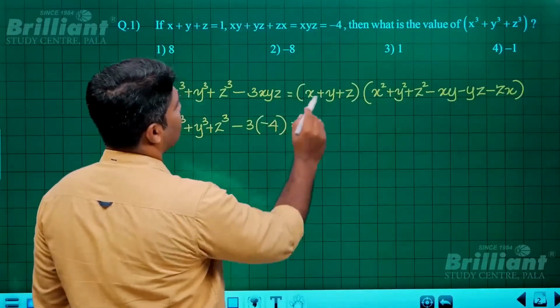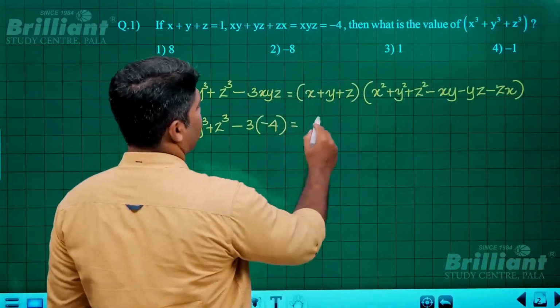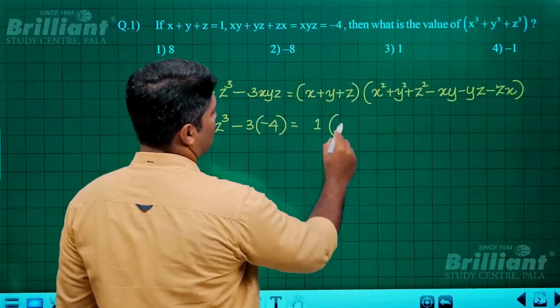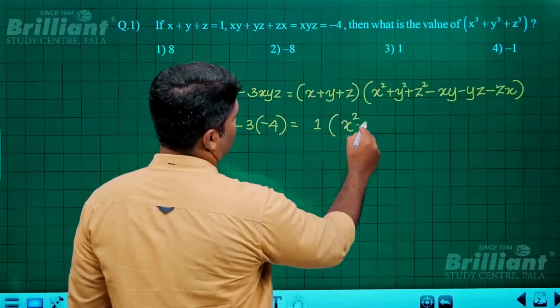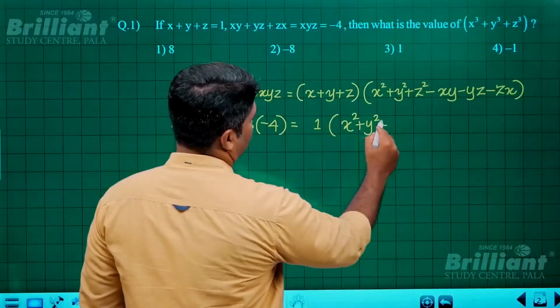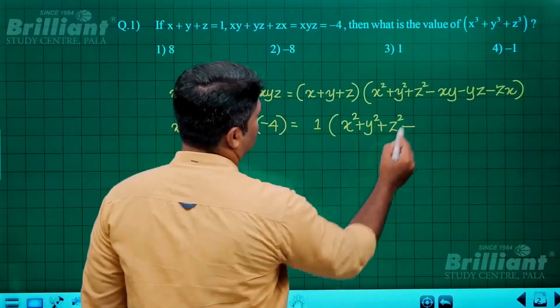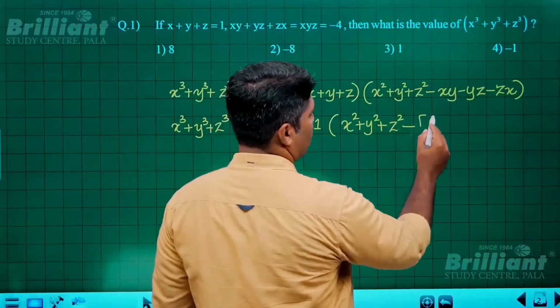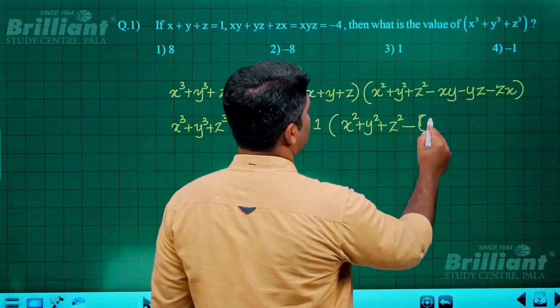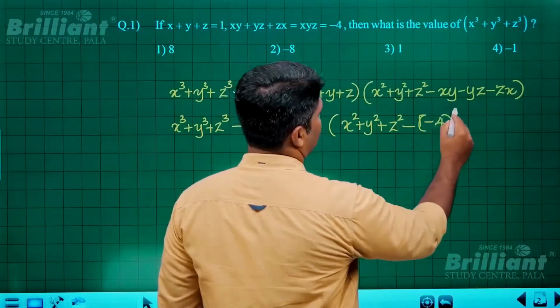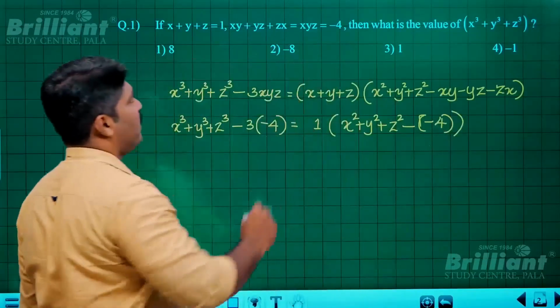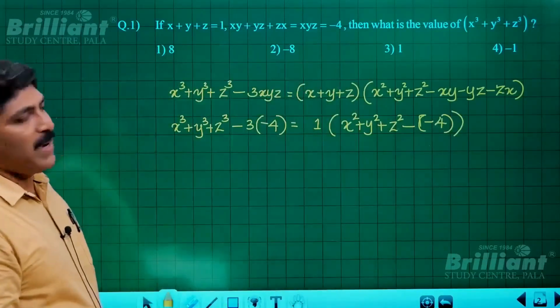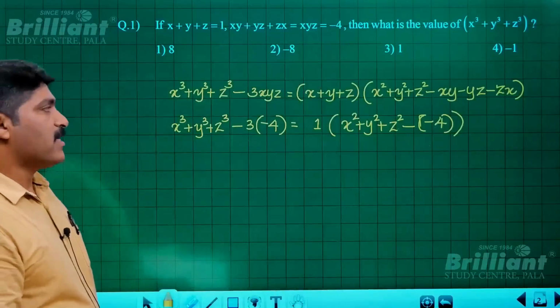On the right side, x plus y plus z is given as 1, times x square plus y square plus z square minus xy plus yz plus xz. We can take this value as minus 4 because it is given that xy plus yz plus zx equals minus 4. Like this way we can expand.